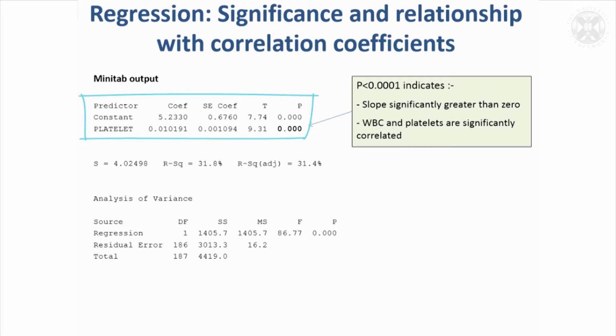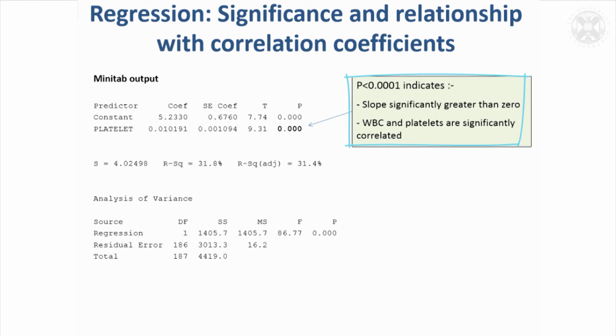But what we're quite interested in is this p-value, and that's testing whether the slope is significantly different from 0. And it annoyingly gives us a value of exactly 0, which I think is really effectively less than 0.00001. And that's saying that yes, we have got a significant slope.